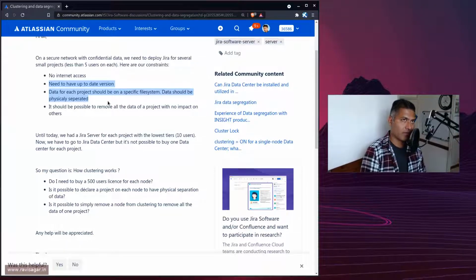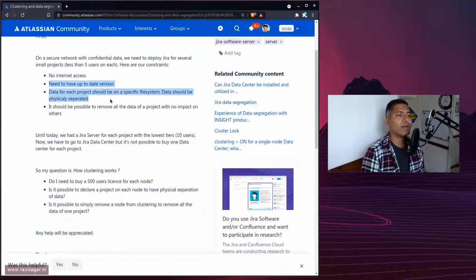This is, of course, what I think is the only option for them, because if you have one instance of Jira running separate projects, even if you do segregation based on permission, this I believe should be fine.